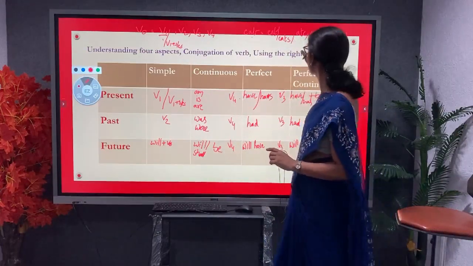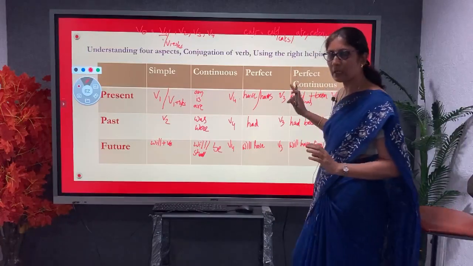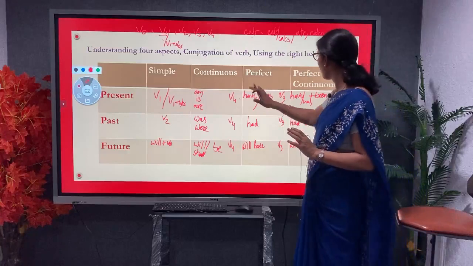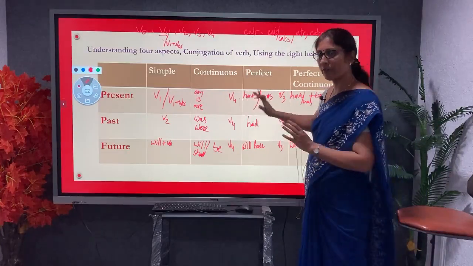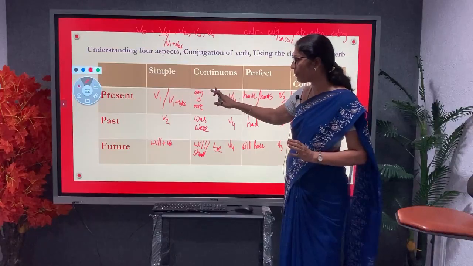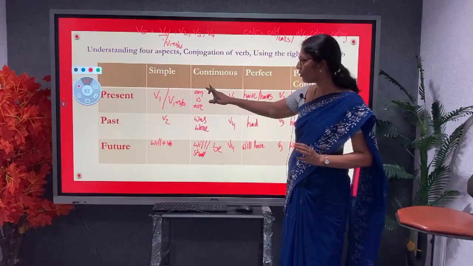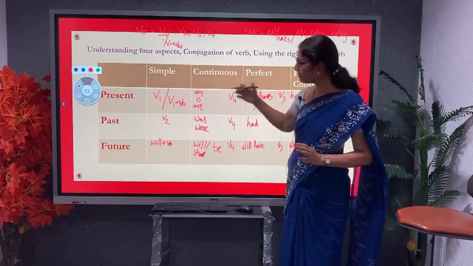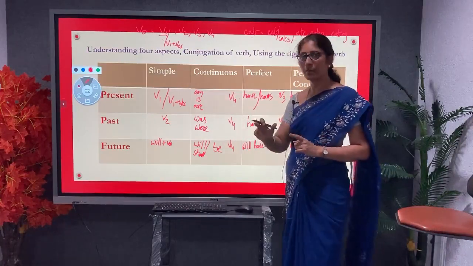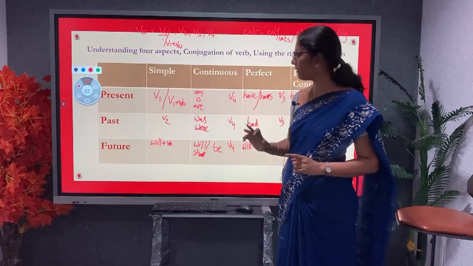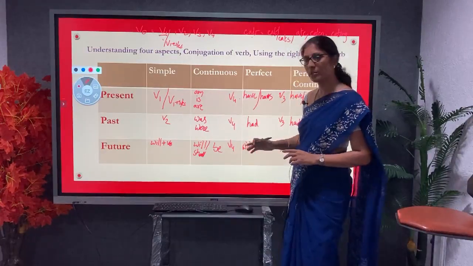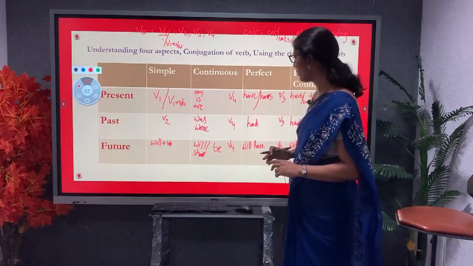Continuous tense means the ing form indicates a continuous action, but to differentiate the continuous tenses, for present continuous we take the helping verbs am, is, are. Am is used with the first person singular, is is used with the third person singular, that means he, she, it, and are can be used with the plural: first person plural, second person or third person plural.